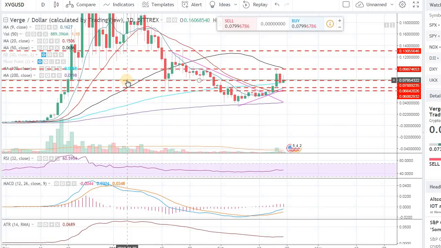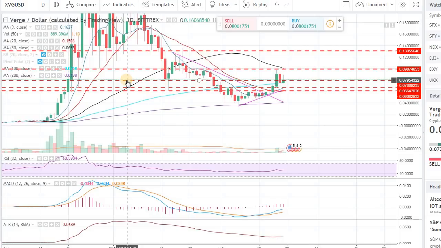So the resistance becomes resistance when there are not enough traders willing to pay more than that price. So let's say Verge is finding a resistance for the short term at 9 cents: the majority of traders right now are not willing to pay more than 9 cents for Verge at the moment.